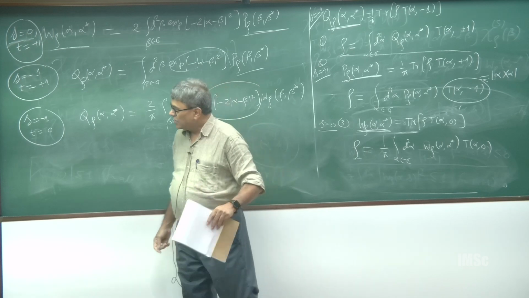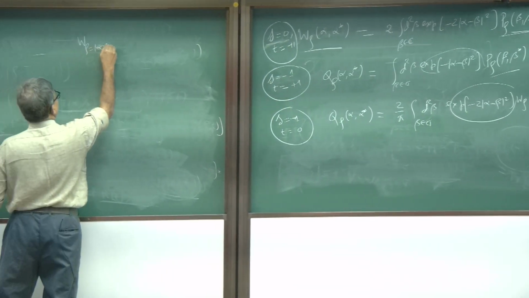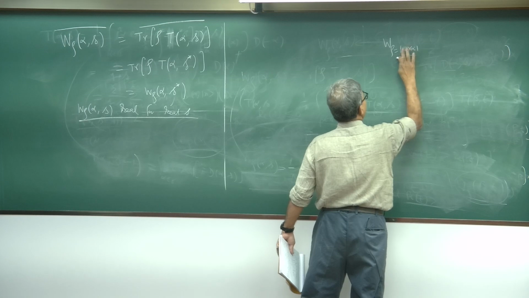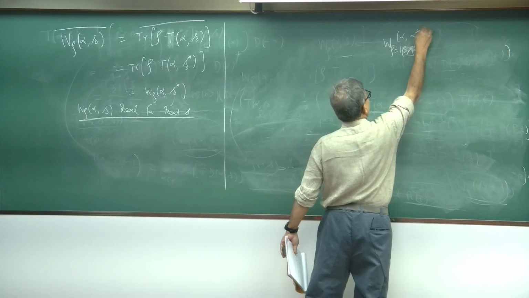So, for example, if I have a Wigner function which is a Gaussian, and it need not always be Gaussian. Let us say I take the Wigner function of rho equal to the coherent state beta, beta.